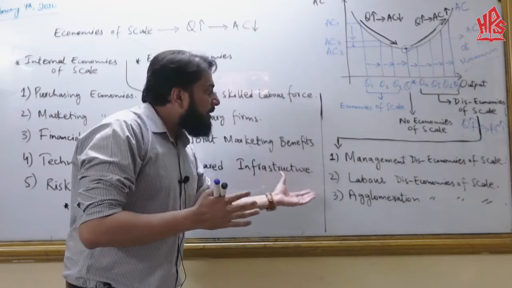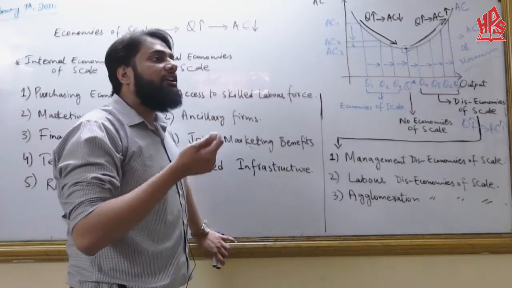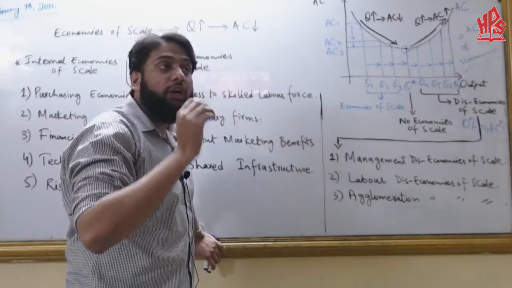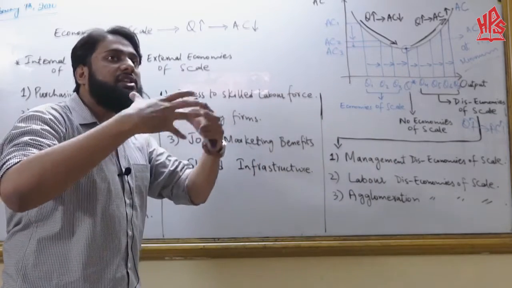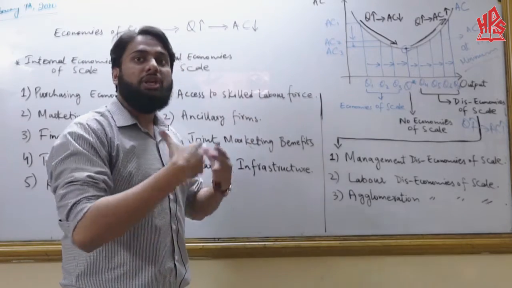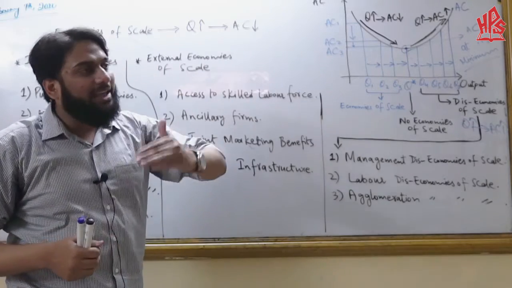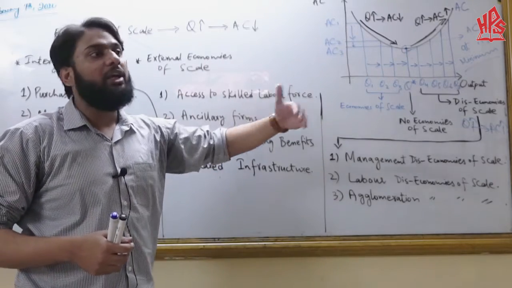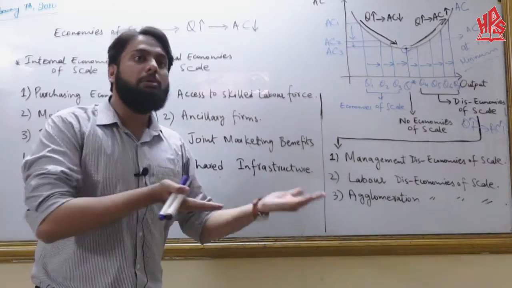The second reason is labor diseconomies of scale. For example, your labor gets outdated in the market. There are several other firms who are continuously improving their labor, training them and providing facilities to them, and their labor improves day by day and produces more efficient products at a minimum cost.